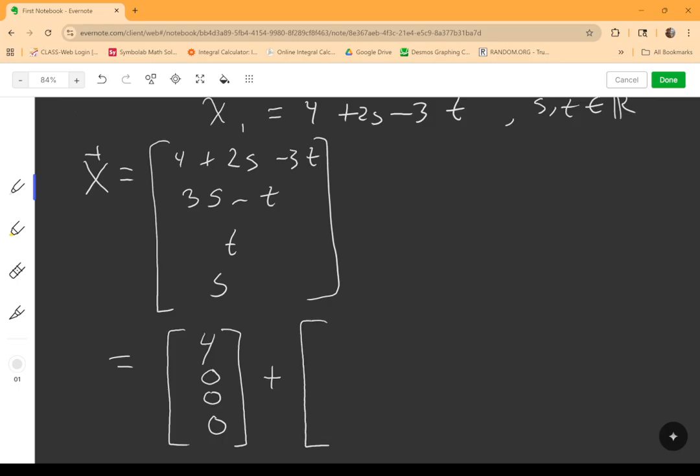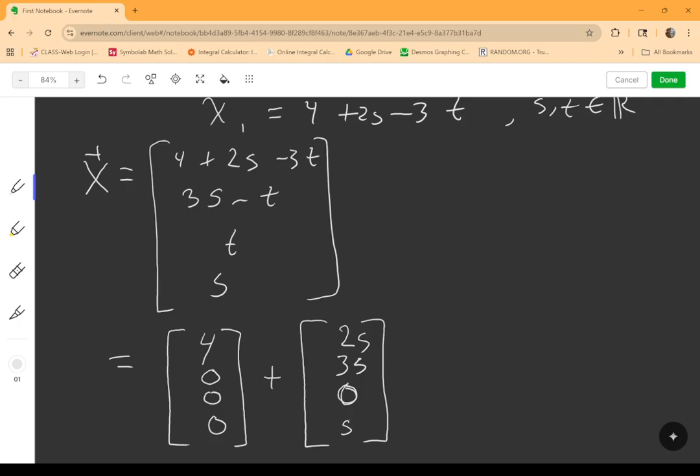So here looking at this one, my next vector would be all the entries that correspond to the parameter s, right? So here that would mean 2 for the first entry, 3 for the second entry, and then 0 for the third entry, and then 2s, 3s, and then s for the fourth entry.